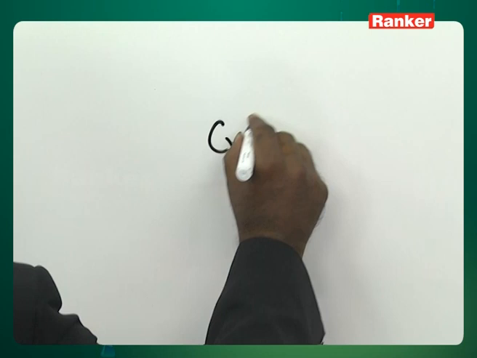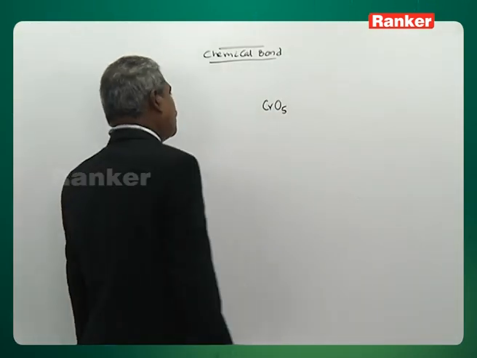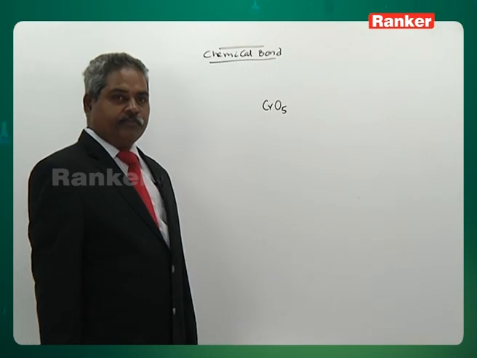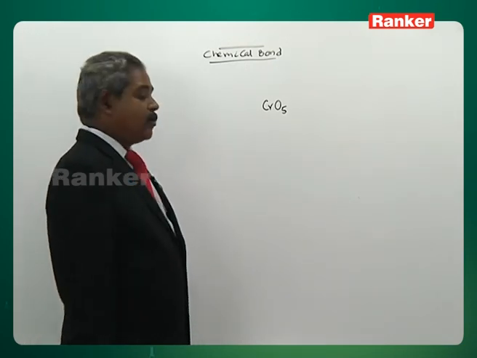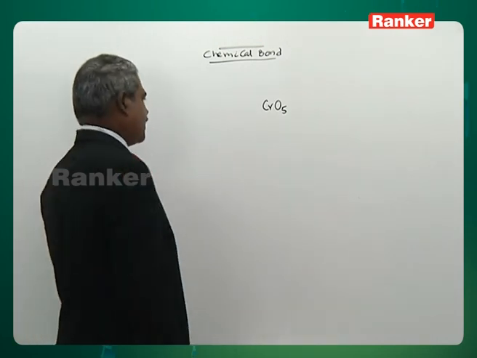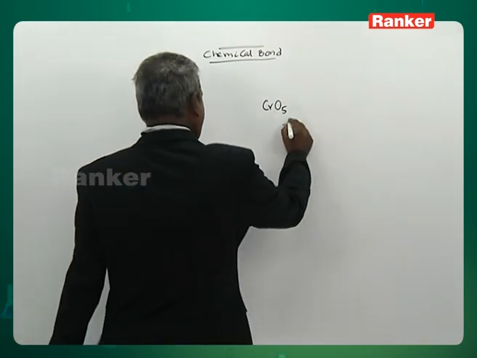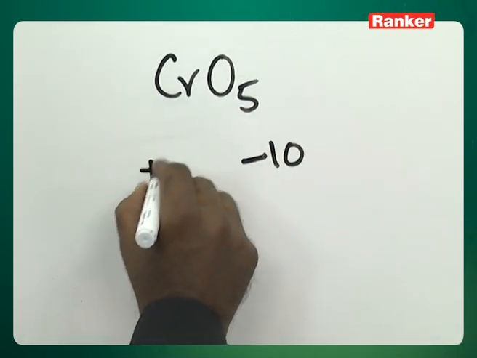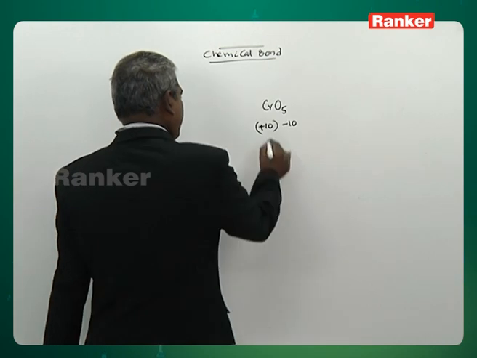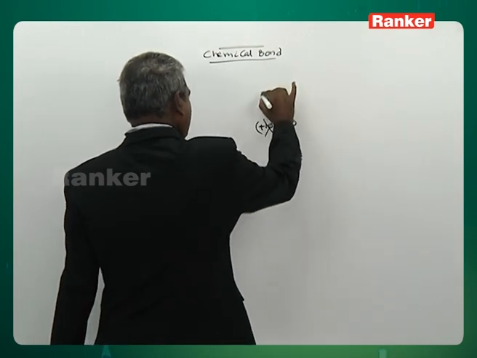But look at CrO5. Can I call it chromium pentoxide? Can I say all of them are oxides with -2 oxidation state? Perhaps not. Let us see why not. -10, +10. Can chromium take +10? Oh my God, impossible. It's not saying okay.